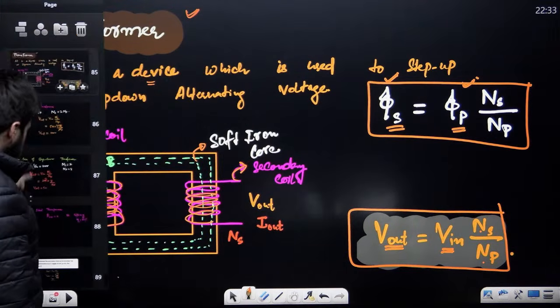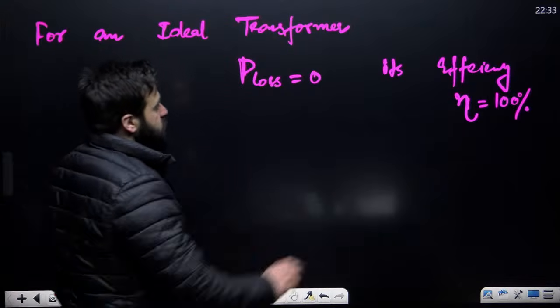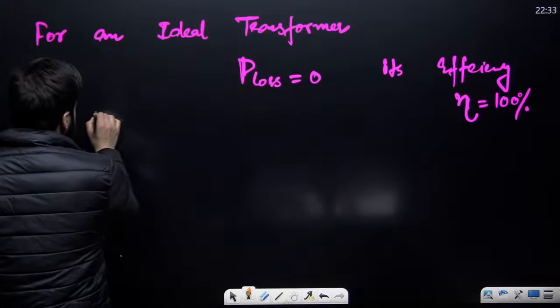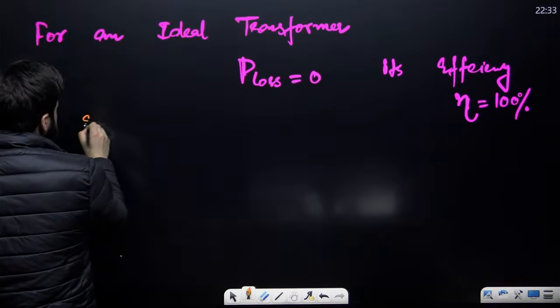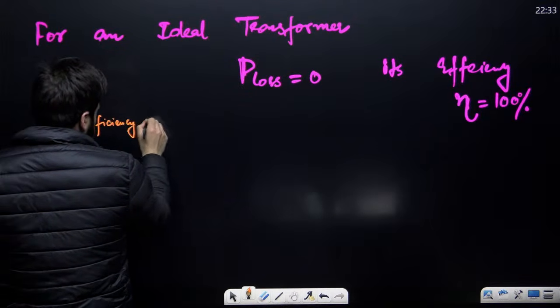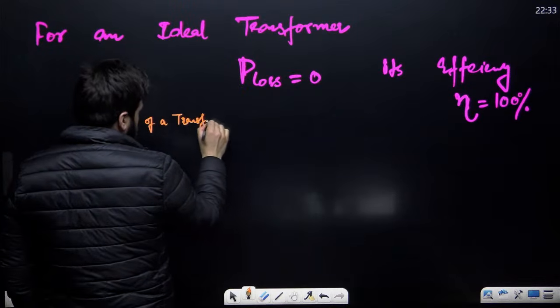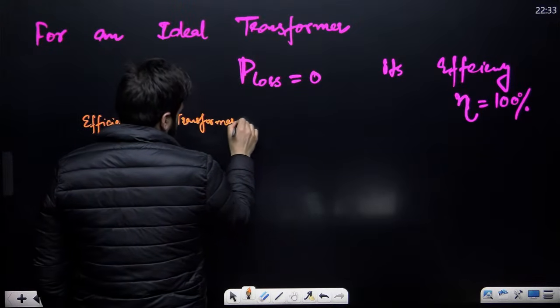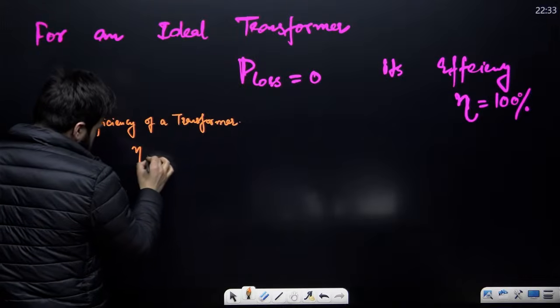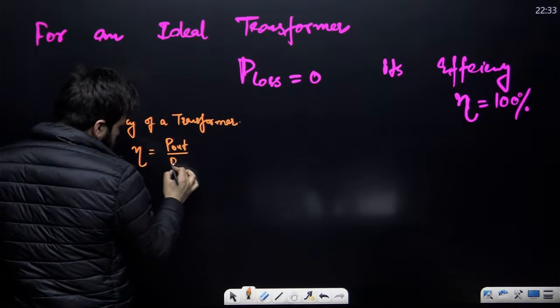One more important thing in this particular case, we say efficiency of a transformer. I'll write over here, efficiency. Efficiency of the transformer is eta. It is basically output power divided by input power.